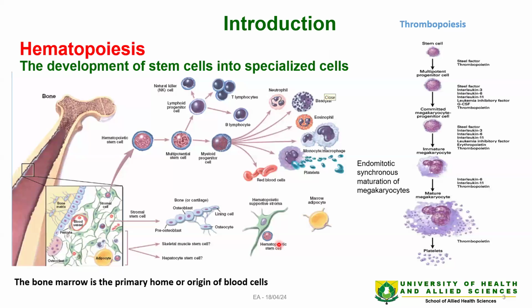And so if there's any defect of these stromal cells and they are not releasing the needed cytokines or growth factors, then you will not have maturation of the megakaryoblast to the megakaryocyte and then to the formation of platelets.